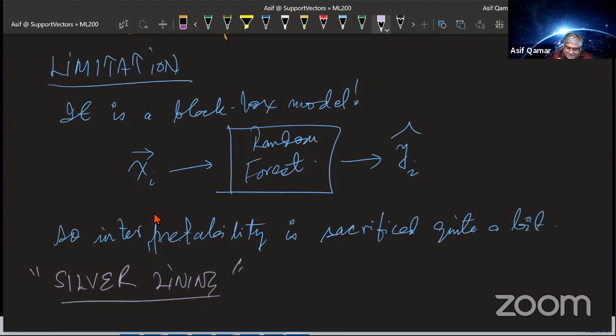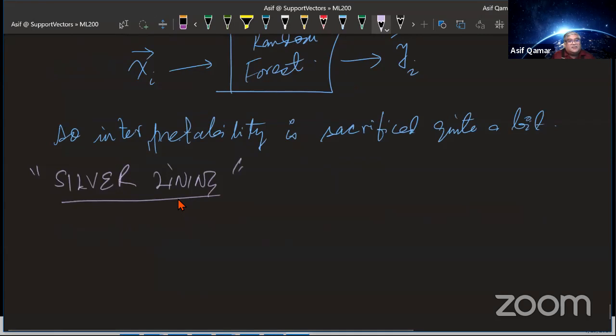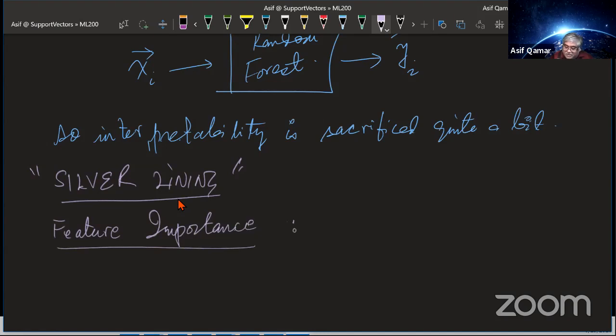The silver lining is one thing that you have in linear models or straightforward models: interpretability. You can compare the size of the coefficients and get some sense of how relatively important each feature is. That is preserved. Feature importance, the relative importance of features.